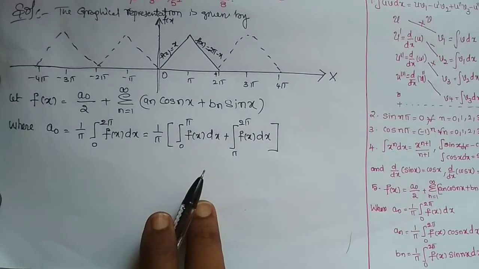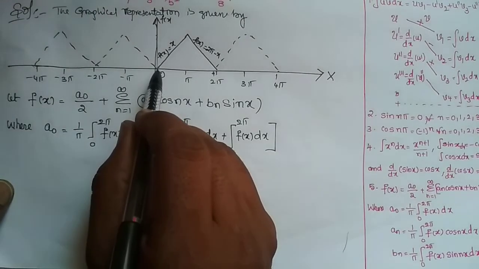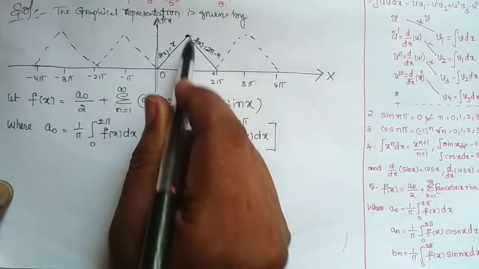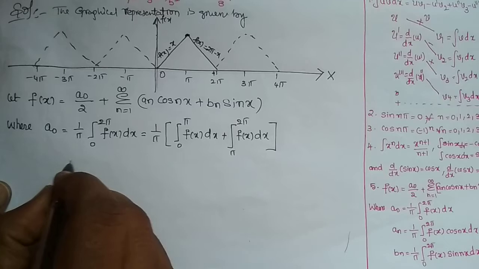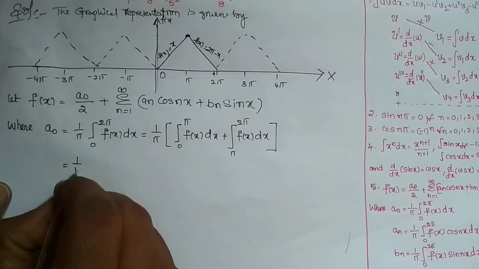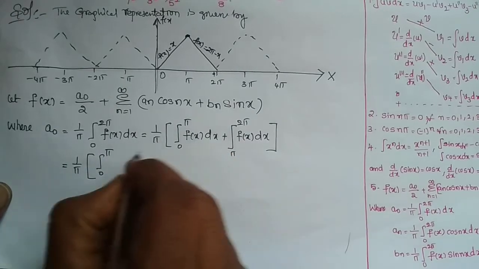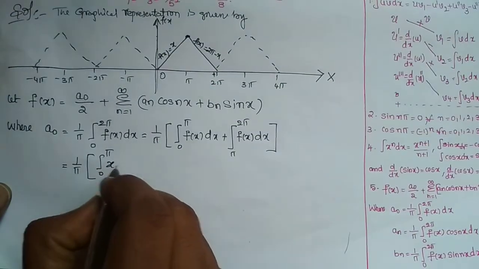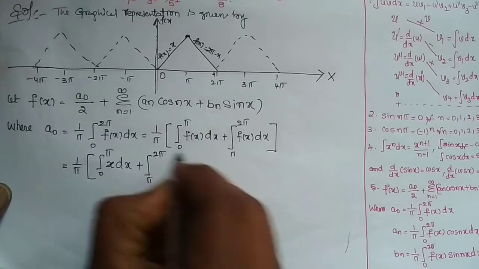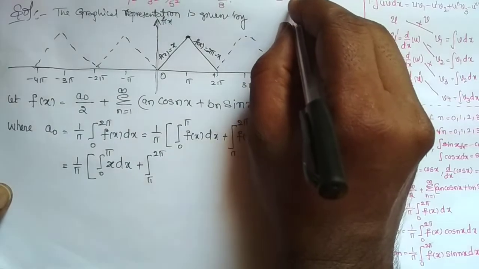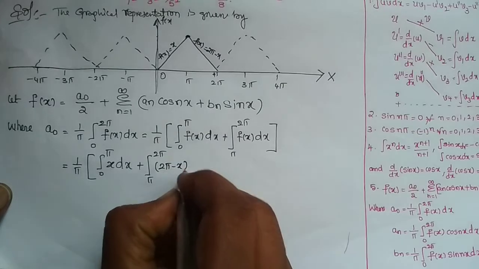It is the rule of integration that we can divide it into two integrals, 0 to pi and pi to 2 pi, which together make up the total interval 0 to 2 pi. Now substituting, 1 by pi into integral 0 to pi of x dx plus integral pi to 2 pi of 2 pi minus x dx.